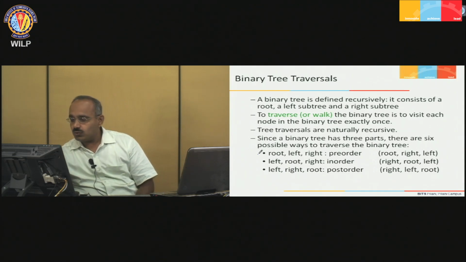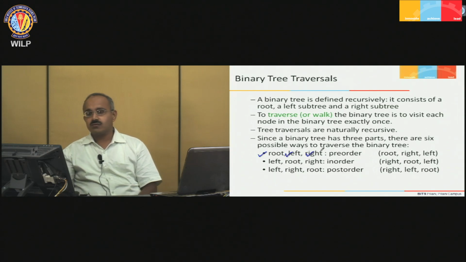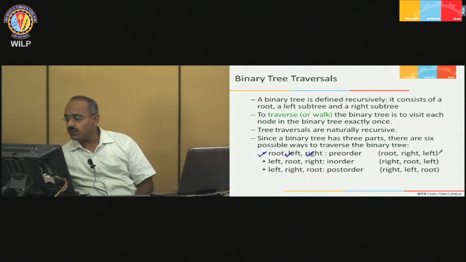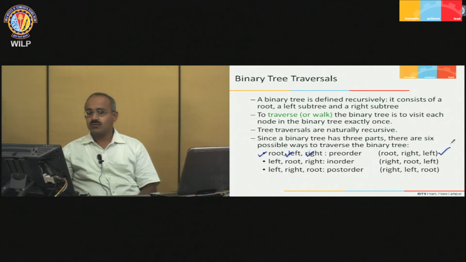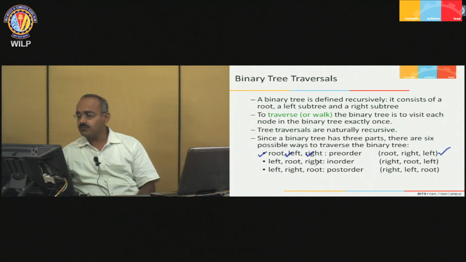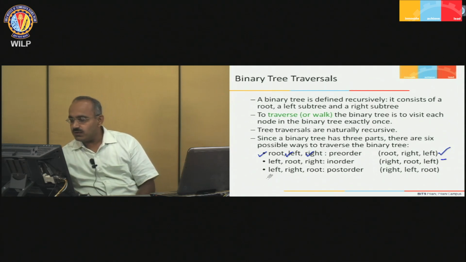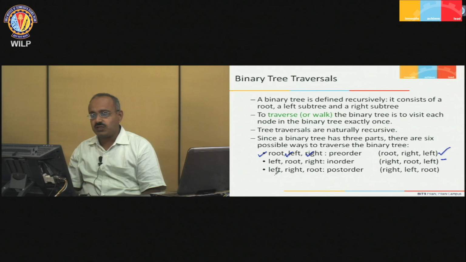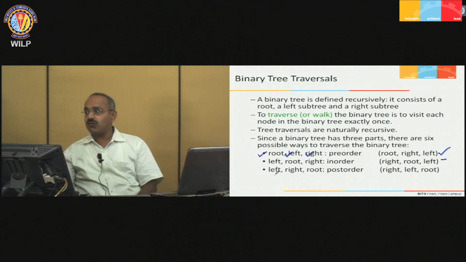You can first go to the root, then the left child and the right child, or I can do root, then right and left, or you can go first to the left, then the root and then the right, which is called in order, or I can go first to the left child, then to the right, and last to the root.